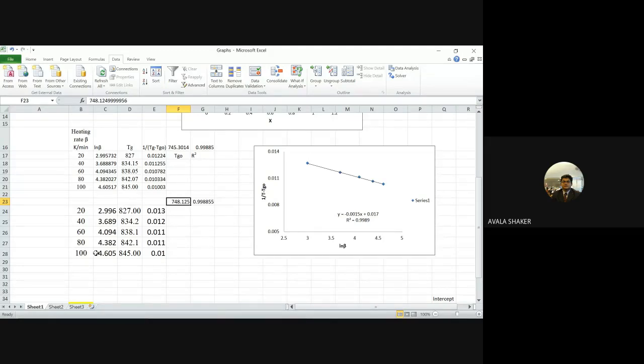So basically, a sample is heated at these rates per minute, and Tg is the glass transition temperature in metals. So this is the glass transition occurring at different heating rates.